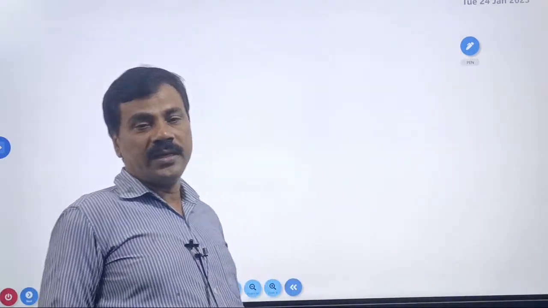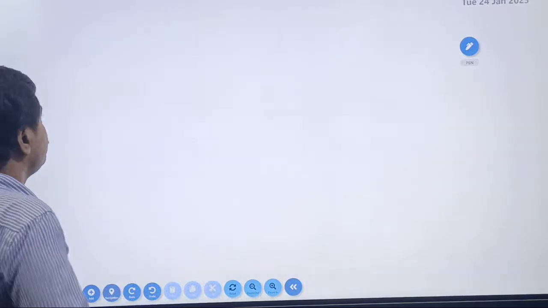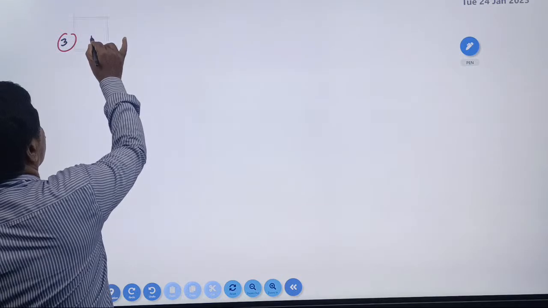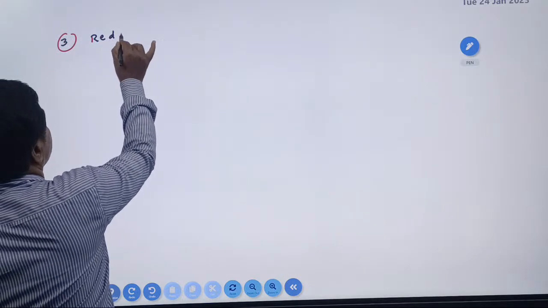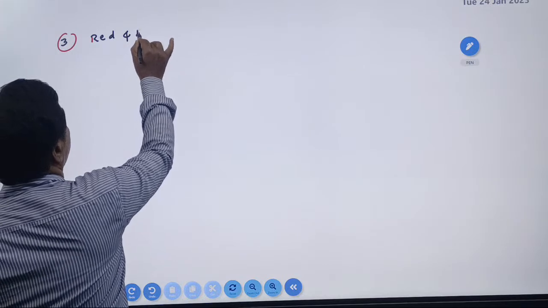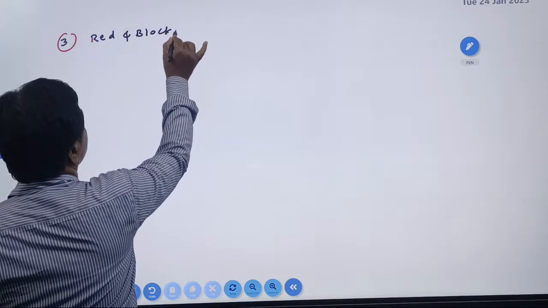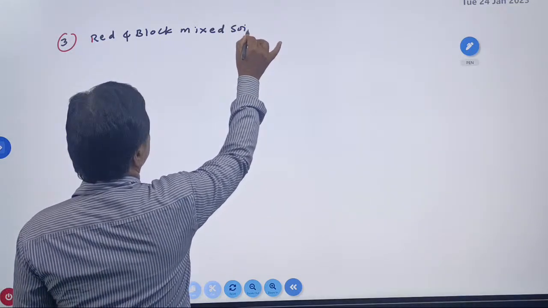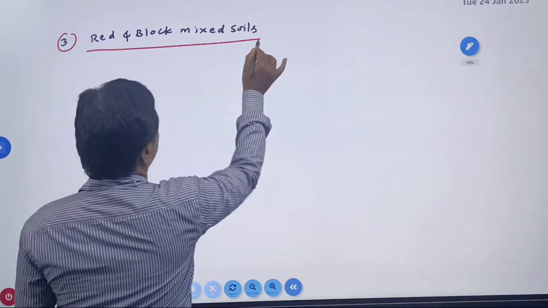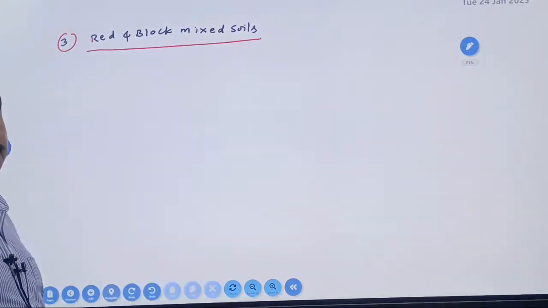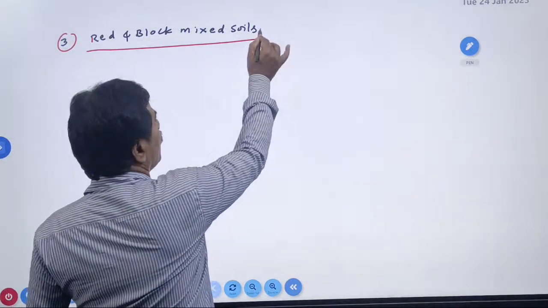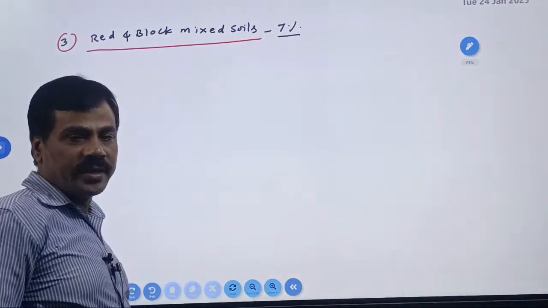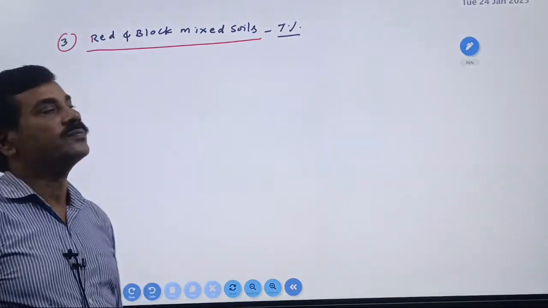Right. Next, the third soil, red and black mixed soil, which occupies 7% of the total soil of India.